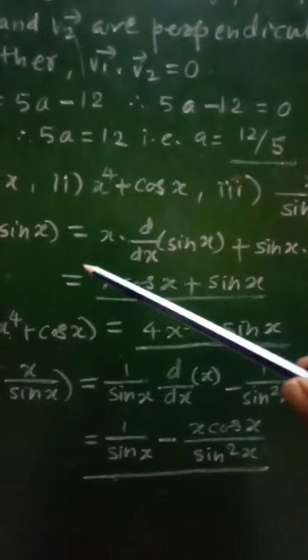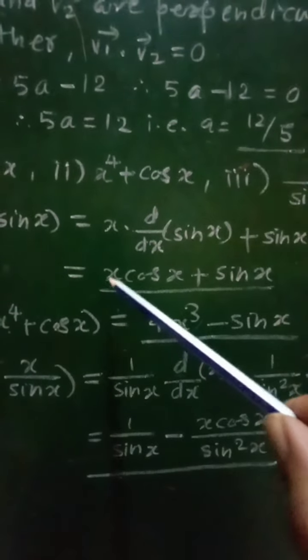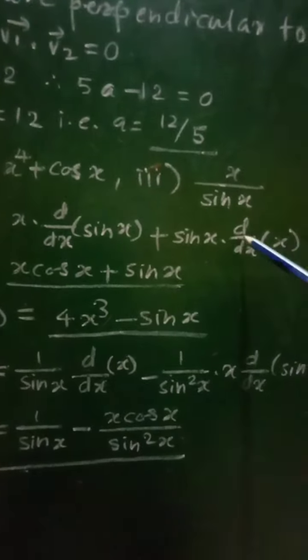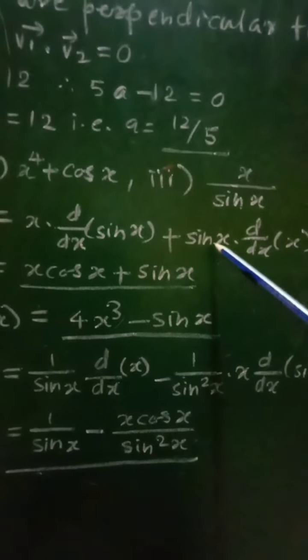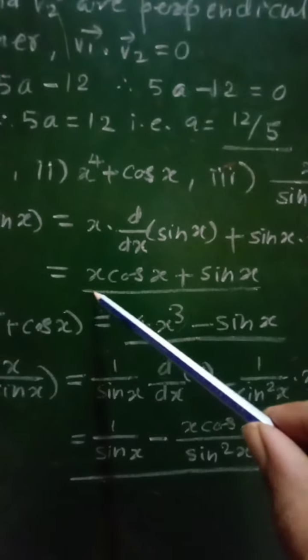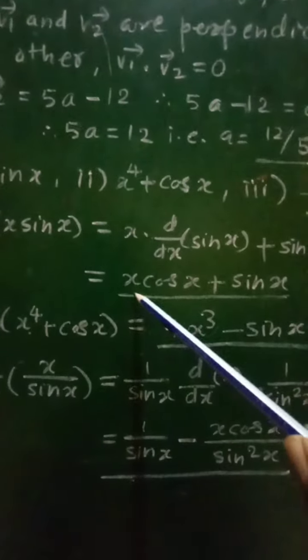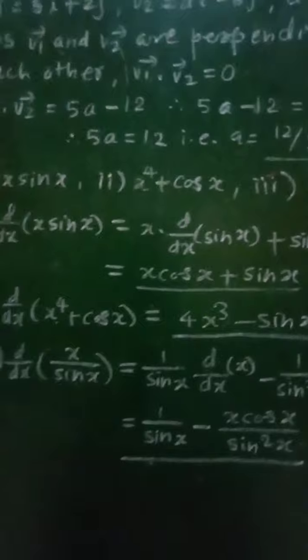Therefore it will be equal to x into the derivative of sin x, which is cos x, so the first term is x cos x, plus sin x into the derivative of x, which is 1, so only sin x. Therefore we get d by dx of x sin x equal to x cos x plus sin x.